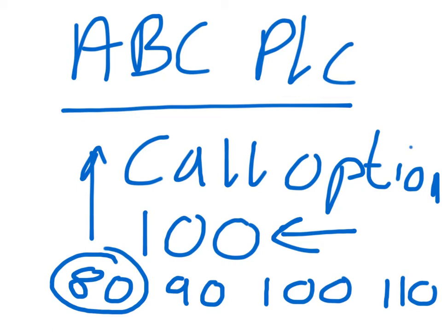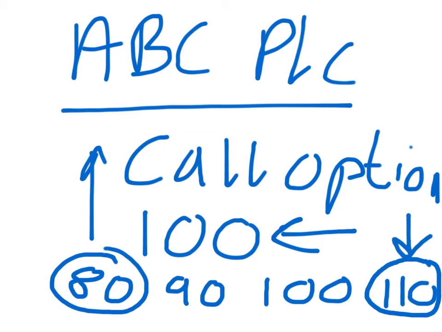And that extra profit will be reflected in the cost of the option. You'll pay more for an option that gives you the right to buy at 80 when the underlying stock's at 100 than you would to, say, buy the right to buy the stock at 110 when the stock is trading at 100.